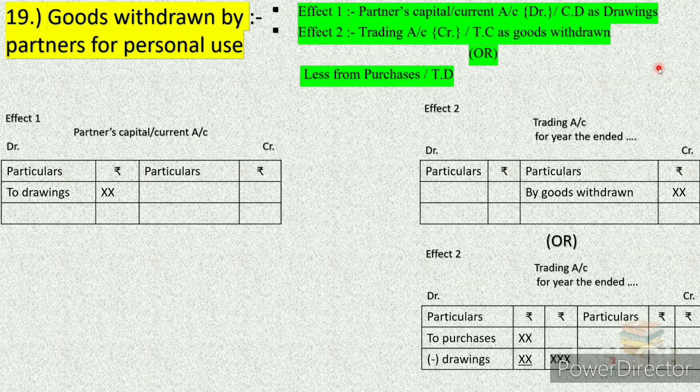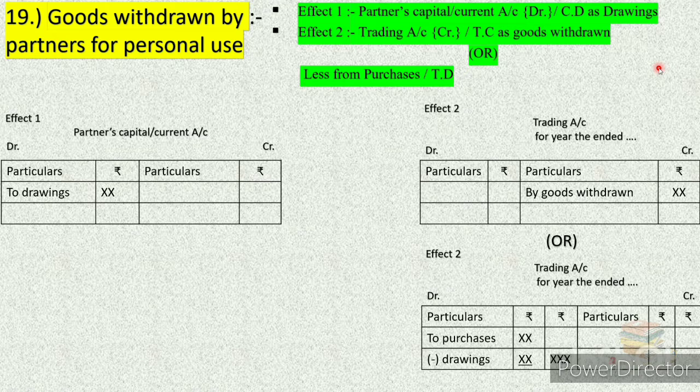19th. The main motive of showing everything together is that it is better if you learn it step by step, looking at the book table. So, goods withdrawn by partner for personal use.